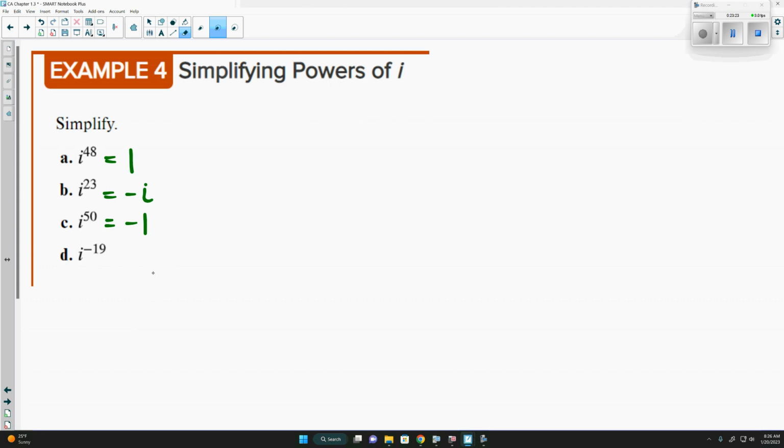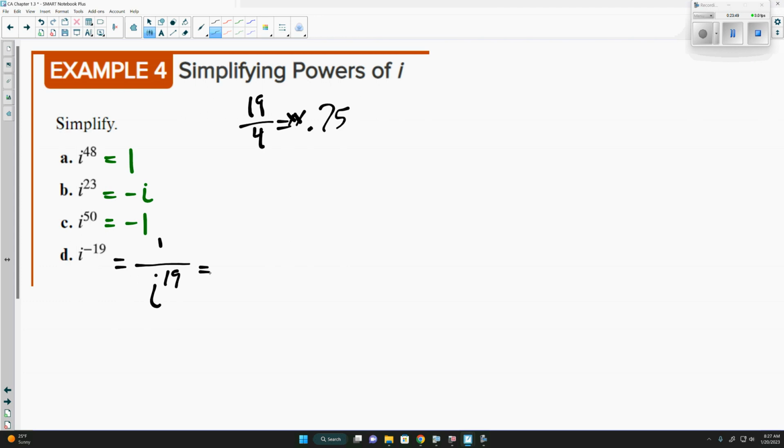Because the reason this works a little funky, we need i to be to a positive power. Properties of exponents: to make the exponent positive, we move it from the denominator to the numerator, or numerator to the denominator. We flip from one side to the other. i to the 19th. Well, we already saw 19 divided by 4 is 0.75, yes?